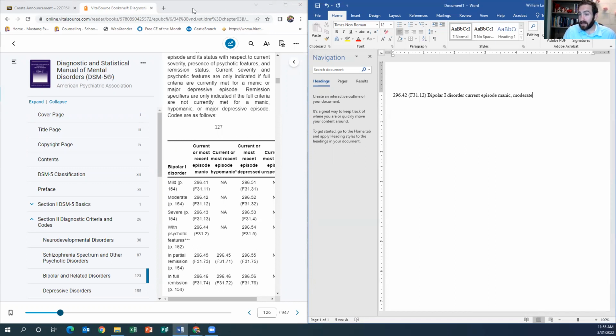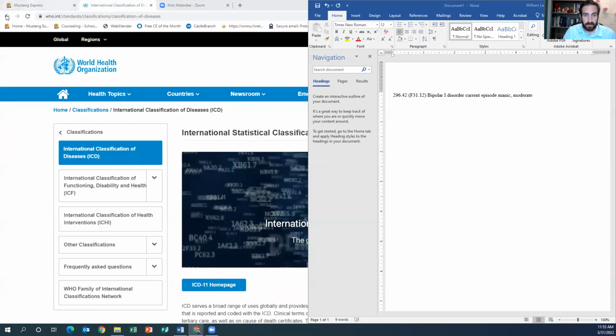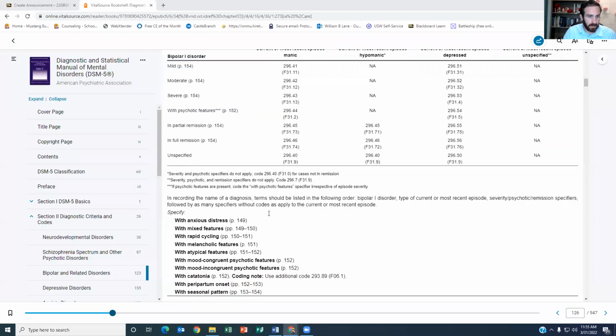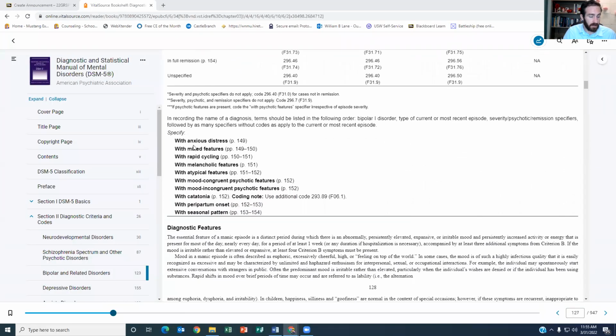So that's not it either. That's the start of it. If you continue down, you'll see that there are also these others: with anxious distress, with mixed features, with rapid cycling, with atypical features.